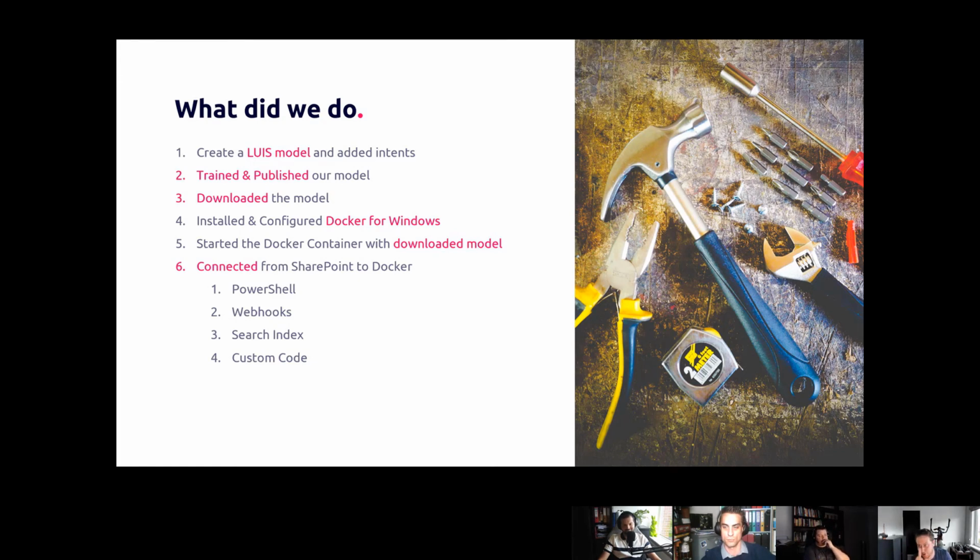I'm like, okay, I understand the basics, and all of a sudden I can do the things that I need to do. Basically, then it's just training and publishing your model, downloading the model, installing some Docker parts, which takes 5 minutes. Then you start your container with the downloaded model, and then you're good. Then you can connect it from PowerShell, webhook, search, custom code, whatever you think is needed. And that's just it.